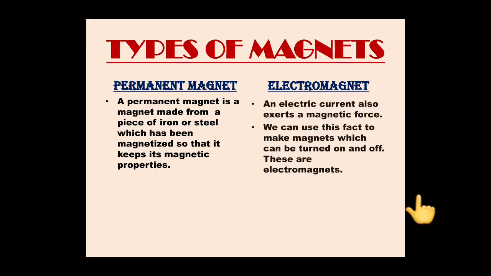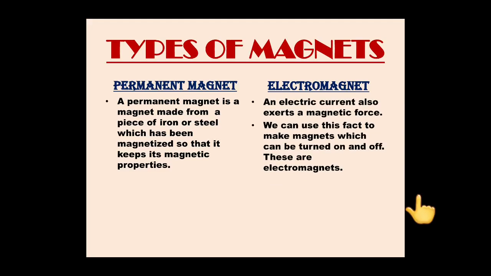Students, electric current also exerts a magnetic force. By using this fact, we can make another type of magnet which can be turned on and off. These are electromagnets. They are temporary magnets as they will lose their magnetism when the electricity is removed.